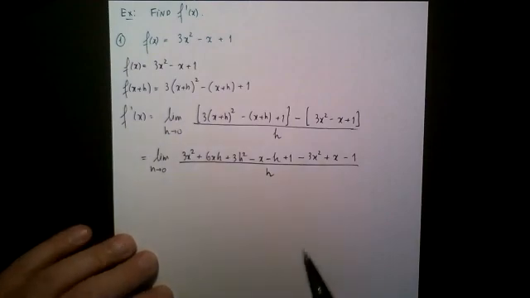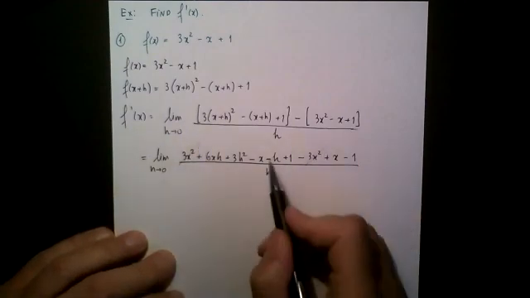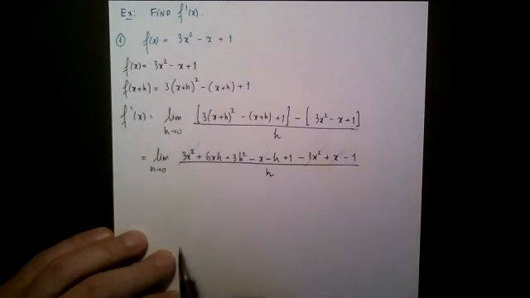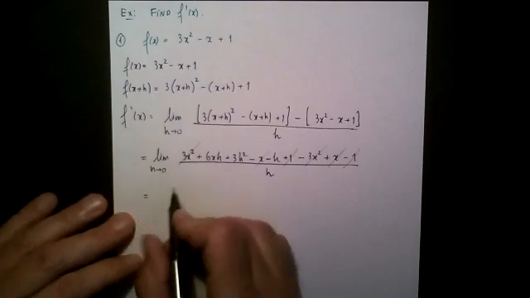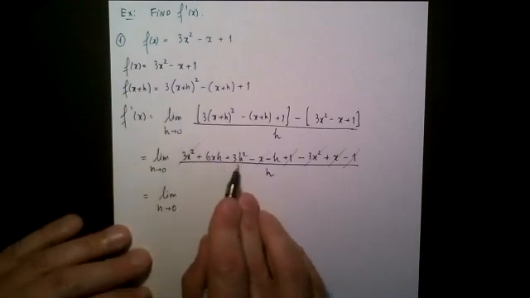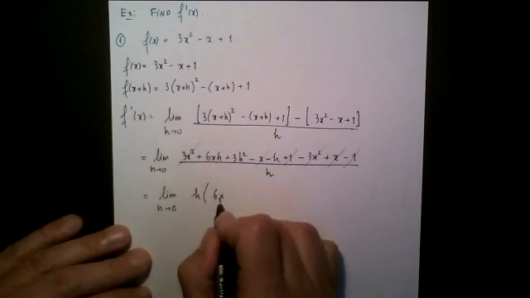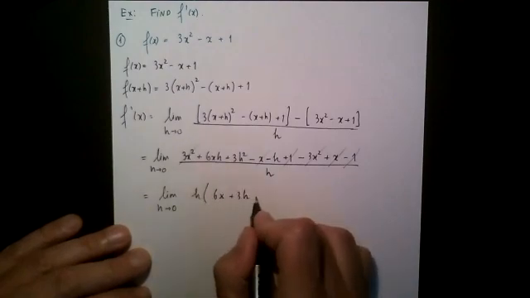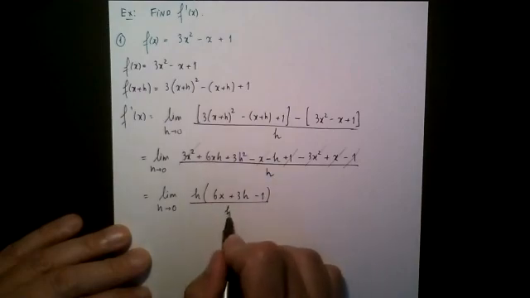Okay, let's see what we can do here. So 3x2 minus 3x2 is out, minus x plus x is out, plus 1 minus 1 is out. Equals limit as h approaches 0. On top I can extract an h times (6x plus 3h minus 1), divided by h.